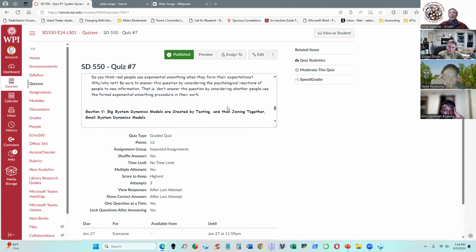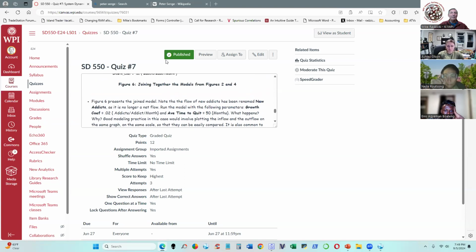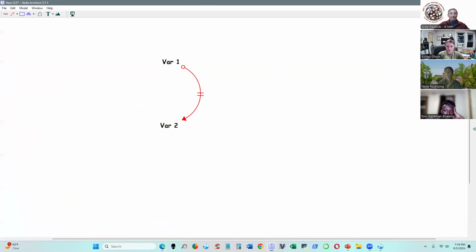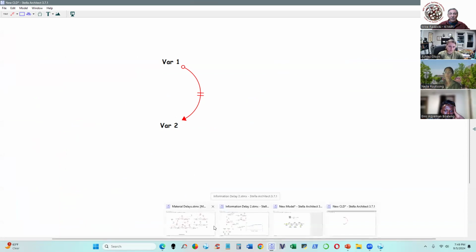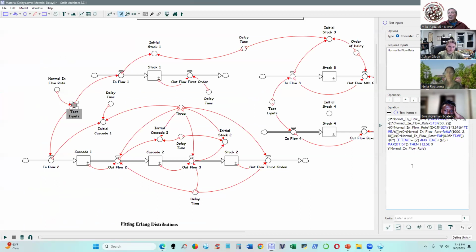And then we started putting it all together to build bigger models, right? I don't know if you remember that, but what I'm getting at is we use test inputs in system dynamics, right? What we do is we put a model, whether it's a piece of a model or an entire model, but certainly a piece when we're building a model, into equilibrium. And then we exogenously knock it out with a test input and we see what happens, right?